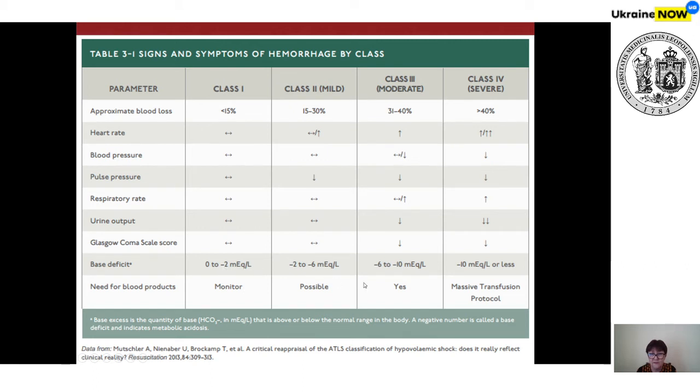Base deficit is correlated with severity of blood loss and the need for blood products. In class 1 we can monitor, in class 2 it's possible, in class 3 it's needed, and in class 4 you should use massive transfusion protocol.